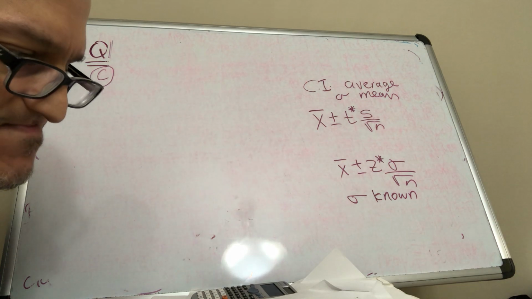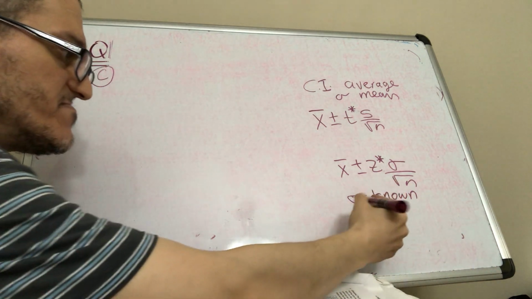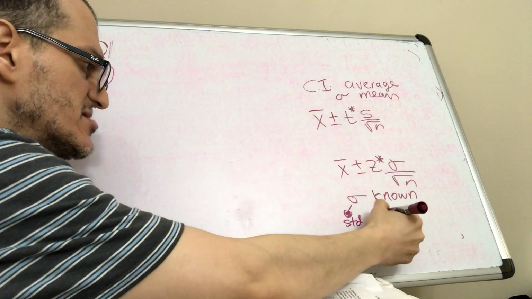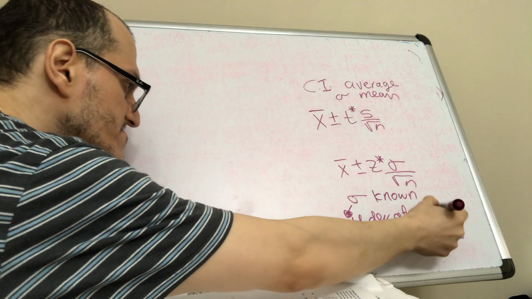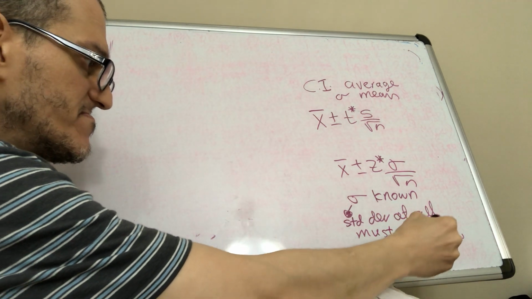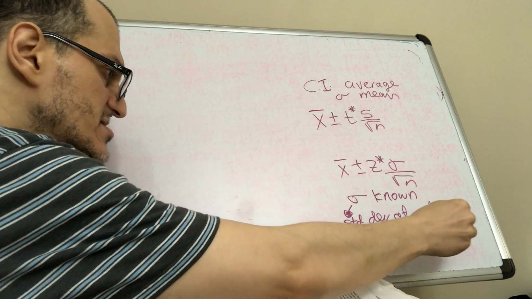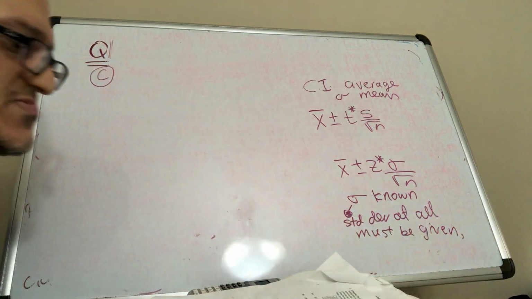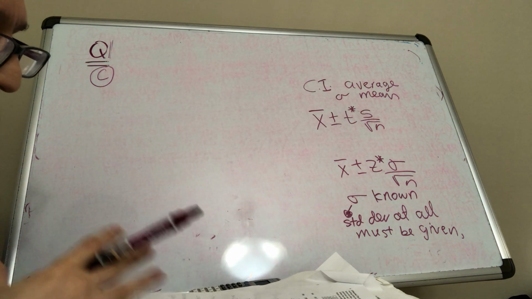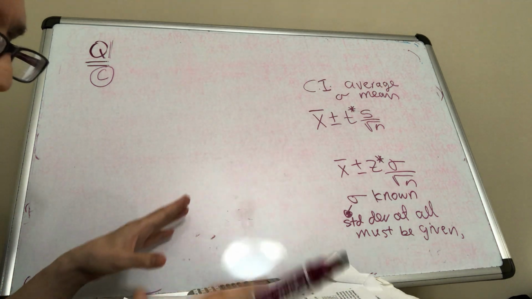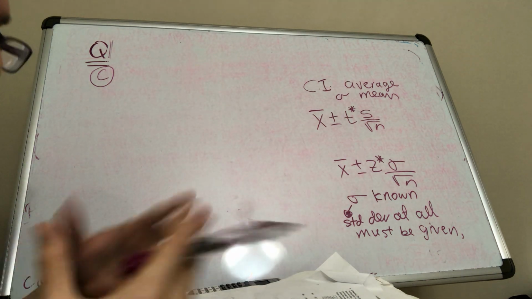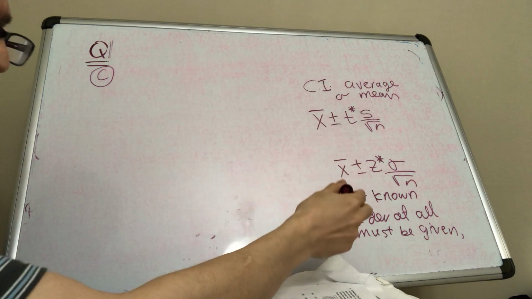What is sigma? Sigma, remember, is the standard deviation of all, and must be given. You can't calculate sigma. So in the question, if they tell you, for example, assume that the standard deviation of time for the population of taxpayers is 4, then that's sigma.